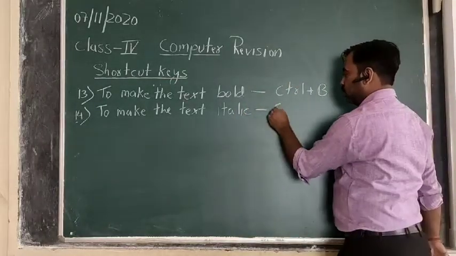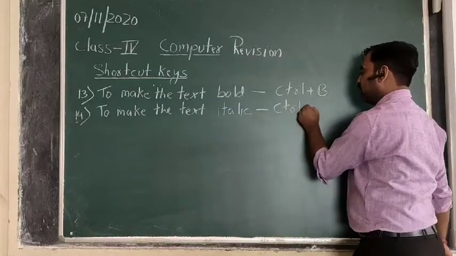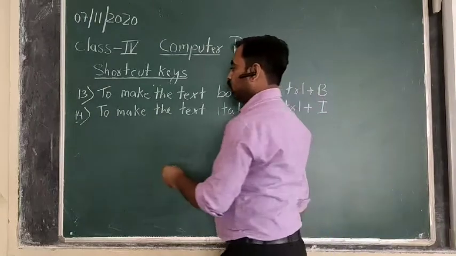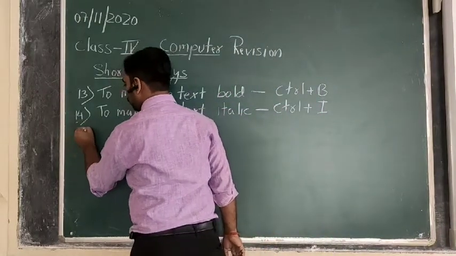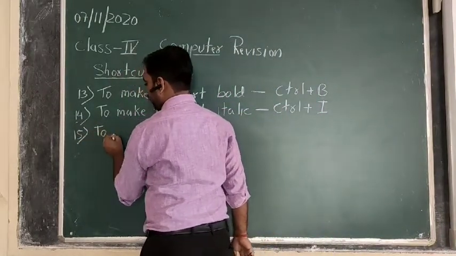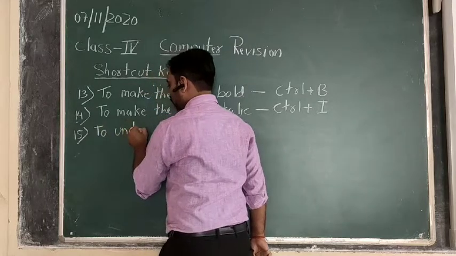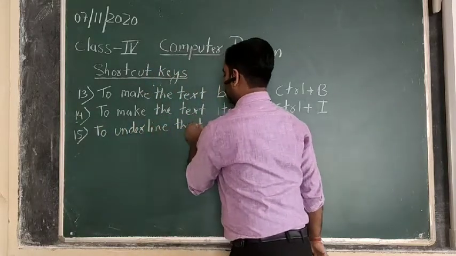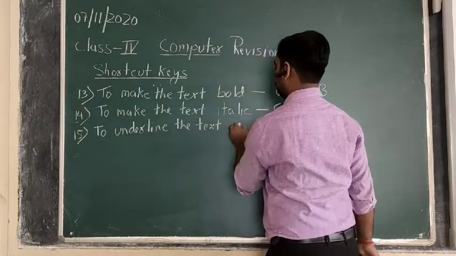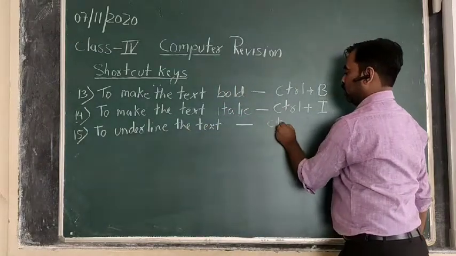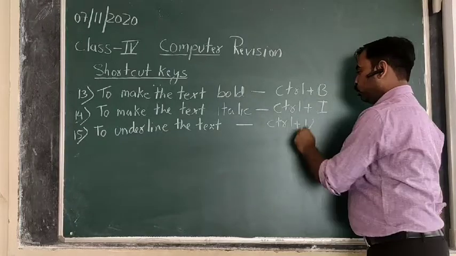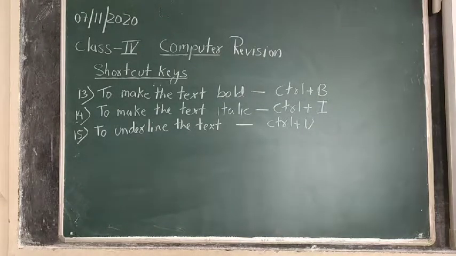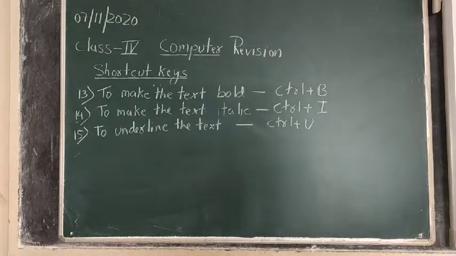The shortcut is Control plus I. Next, to underline the text, the shortcut is Control plus U.